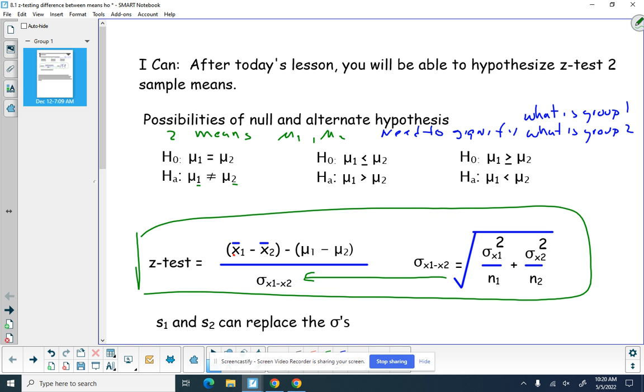On your t-table at the bottom here, or at the top, it doesn't matter, you can type in, or you can write in, your z-test is x bar 1 minus x bar 2 quantity minus mu1 minus mu2 quantity divided by sigma x1 minus x2. And you can put this over here, your sigma x1 minus x2 is that over there. Okay, so you do not have to memorize this.